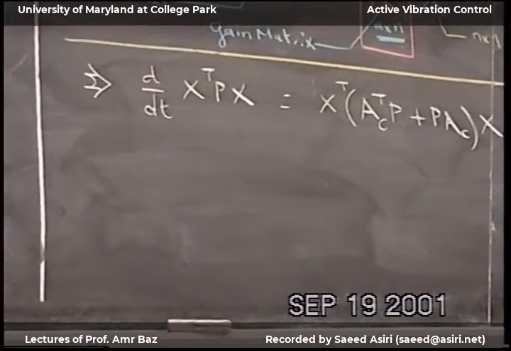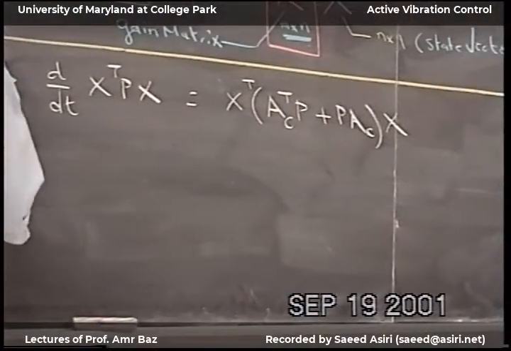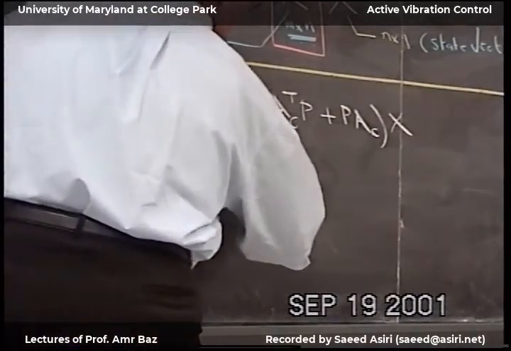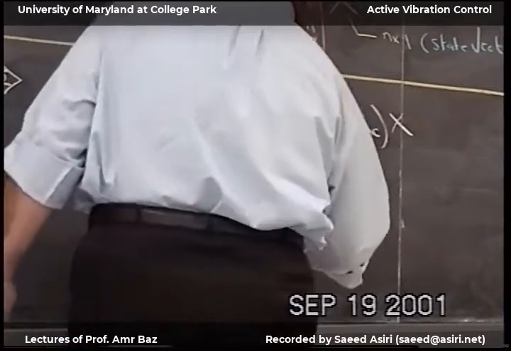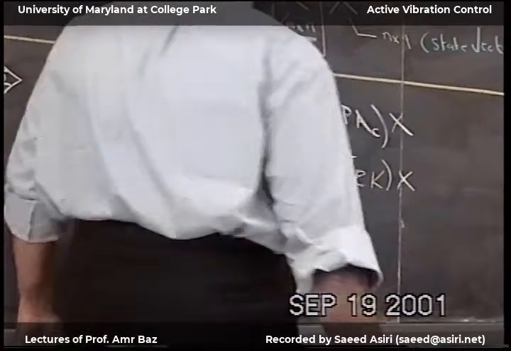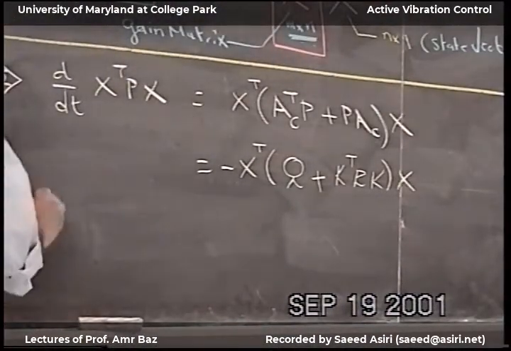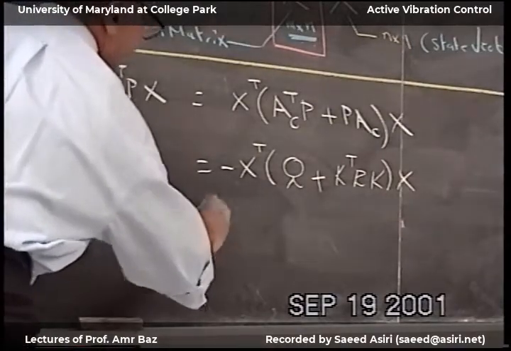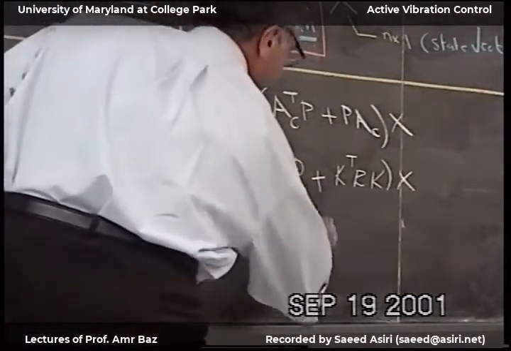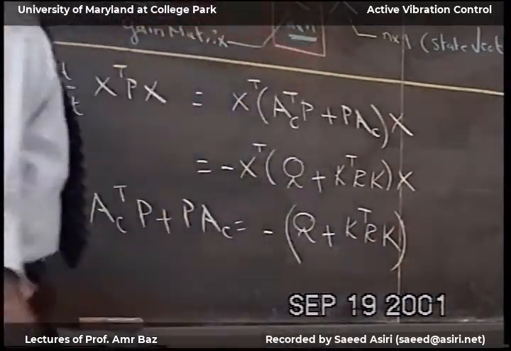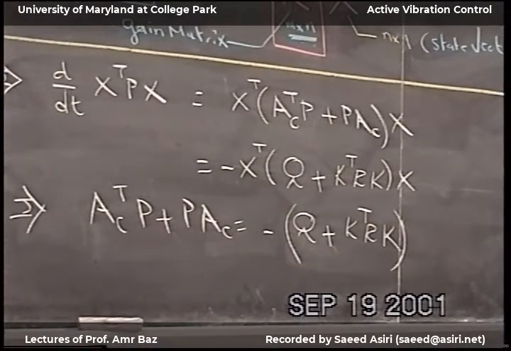Okay. If this is equal to minus x transpose (Q plus K transpose R K) x, this means that we have A_c transpose P plus P A_c is equal to minus (Q plus K transpose R K). Now Q is positive definite, R is positive definite.